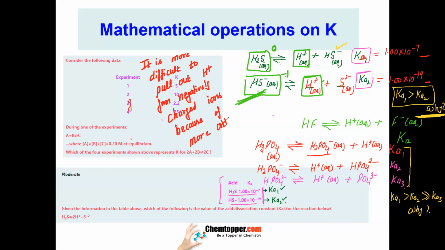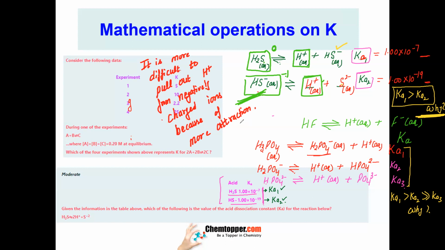Somebody who is negatively charged will not let the positive move out. Negative and positive are attracted to each other. It is more difficult to pull out H plus from negatively charged species or ions because of more attraction of plus and minus. More attraction means plus minus. Is it okay?